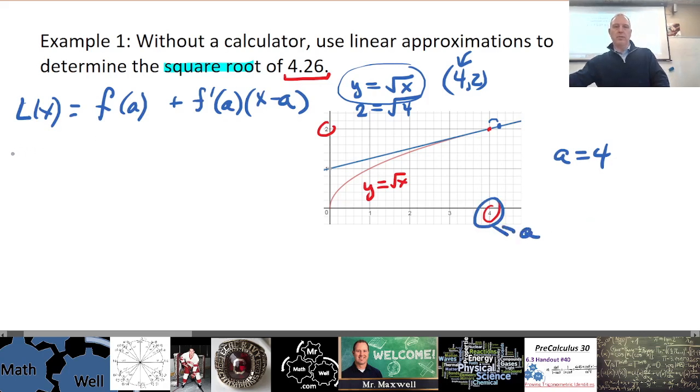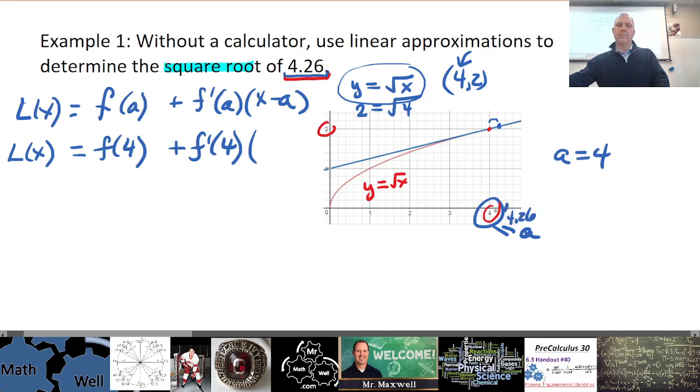So the linear approximation of the y value is going to be f of 4 plus f prime of 4 times the x value. Now the x value is actually going to be 4.26, isn't it? That's what we're trying to find the square root of.